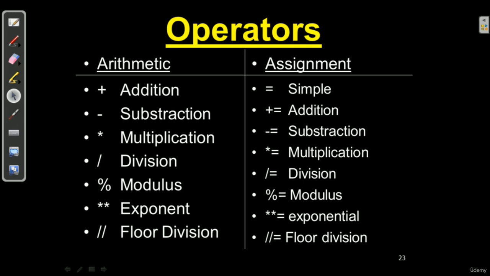Exponents and floor division we will see in the single operation. We will apply them in the practical, but for now you need to remember a few symbols: how divide is written, multiplication is the star, exponent is the double star, and floor division is the double slash.